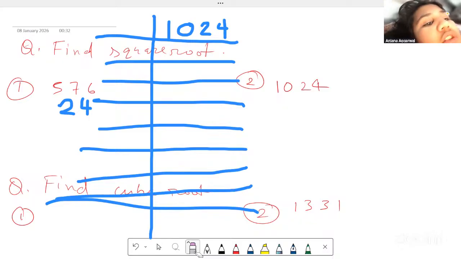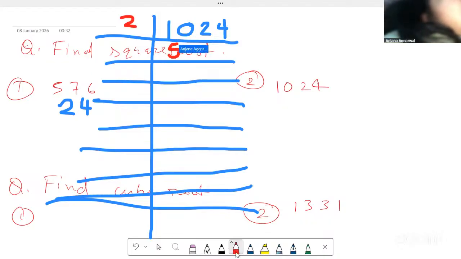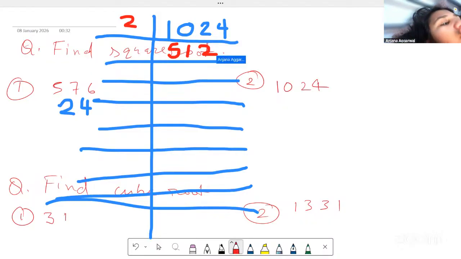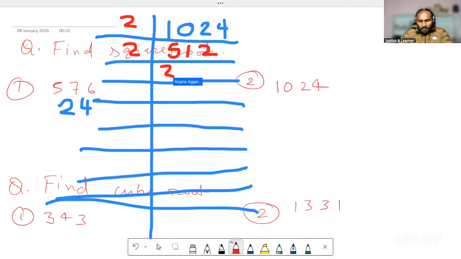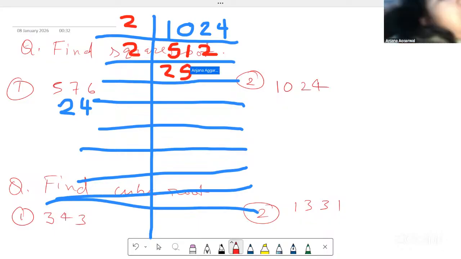I think I'll do it in twos. 2 will be 5, 1, 2. 2 meaning 2. 11 meaning 5. No, 5? Yeah, 10. 1 carry 1, 12 meaning 6. Is that correct? Right.